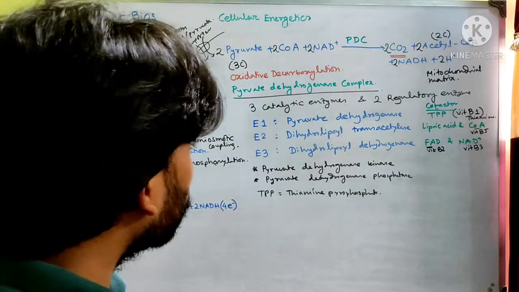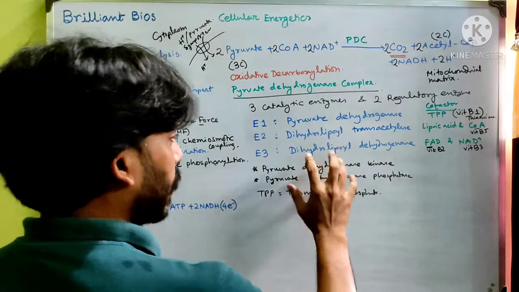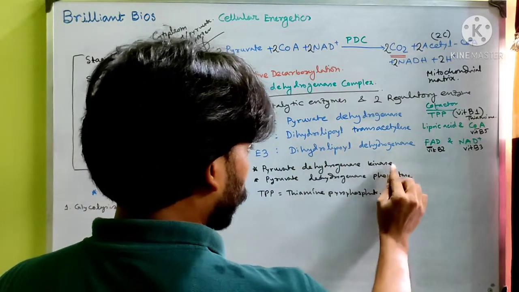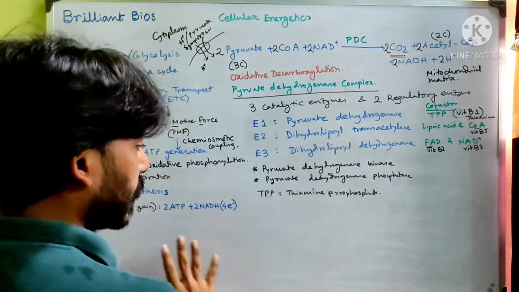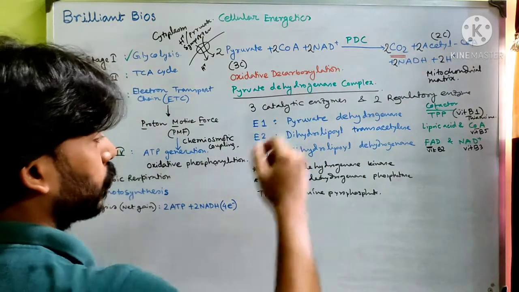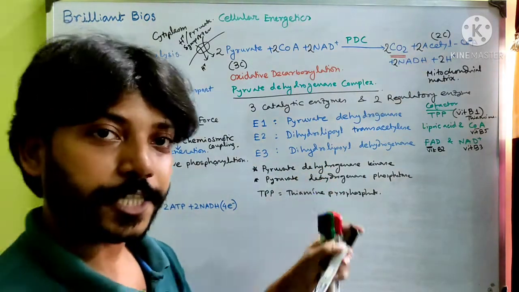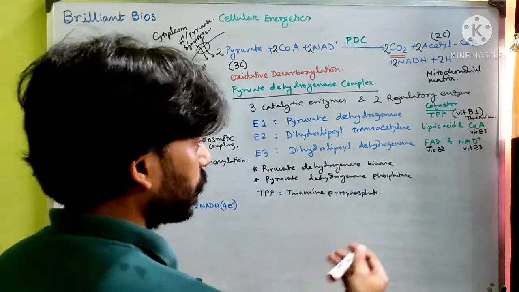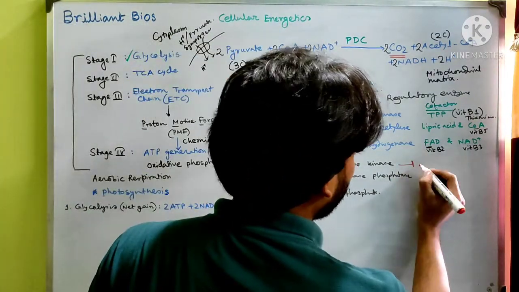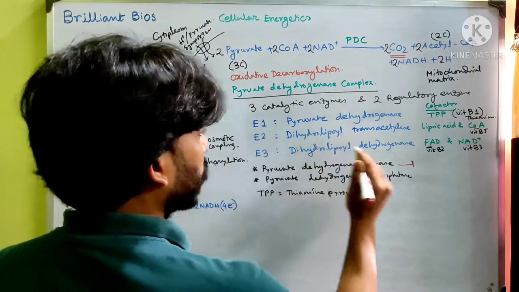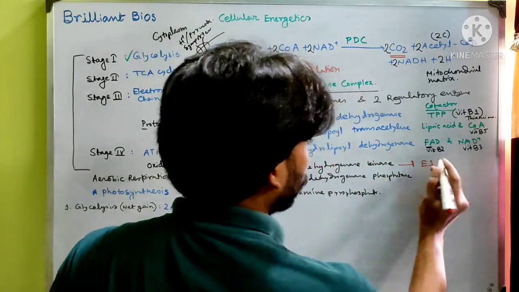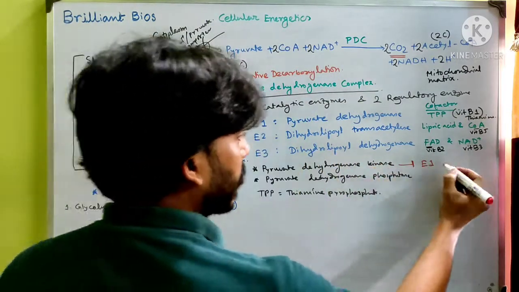Now I will tell the function of the regulatory enzymes, then I will go to the catalytic enzymes and the main function, how these reactions occur. The kinase enzyme inhibits a particular enzyme of this complex called E1, because it phosphorylates E1 at serine amino acid.